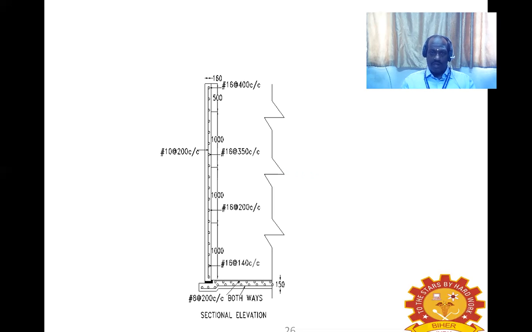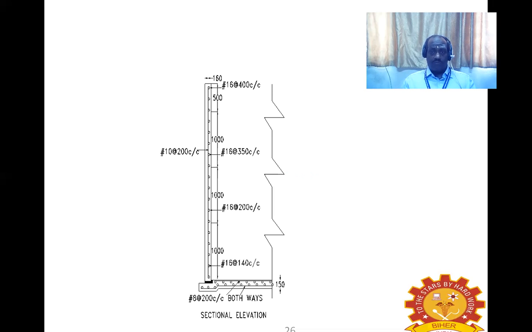Here only one layer is enough, and we can see clearly at the bottom, the 16 mm main bars or the hoop bars are placed at 140 mm center to center, whereas it is going on increasing, and at one level it is 200 mm center to center, and further 300 mm center to center. At the top it is 400 mm center to center.